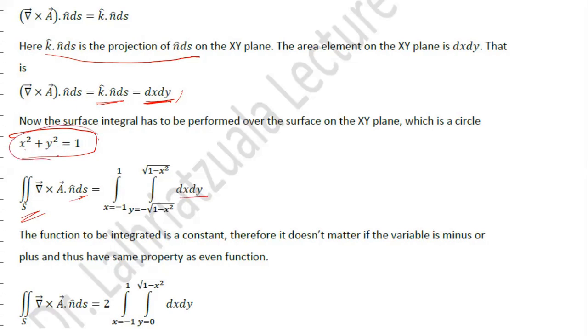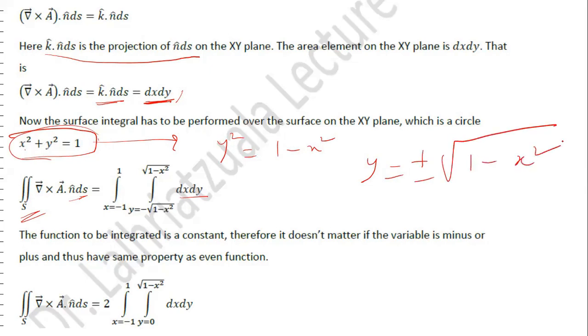here the limit will have to be chosen according to this, which says that y squared is equal to 1 minus x squared, or y is equal to plus or minus square root of 1 minus x squared. So you perform the integration from minus square root of this to plus of this, and then you perform x from the back side of the radius, that is x equal to minus 1 to x equal to 1.